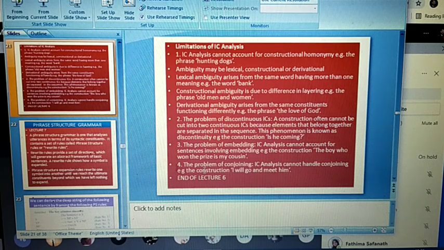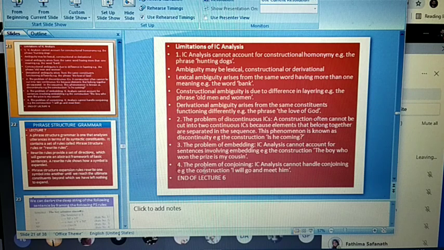Or it can be derivational, where you are fixing a word in another context. Meaning problems can occur because of the position of the word. We have examples.